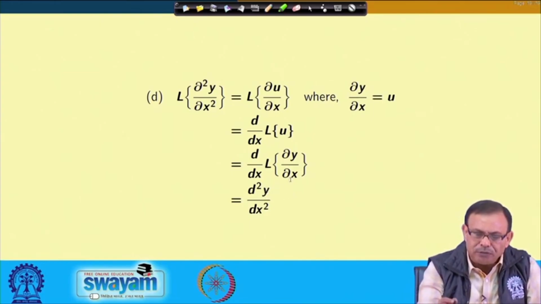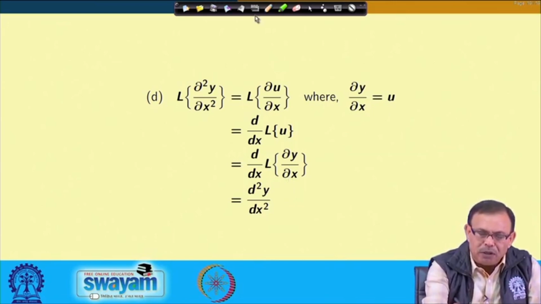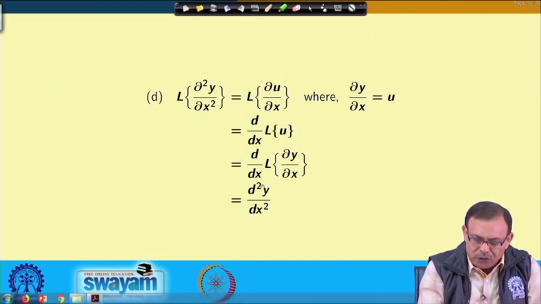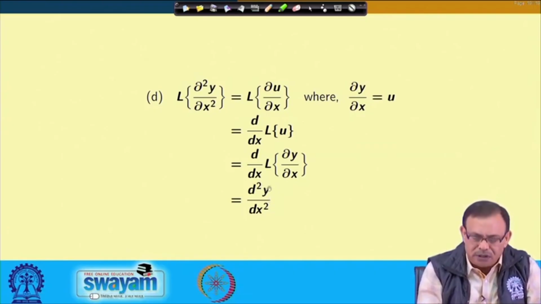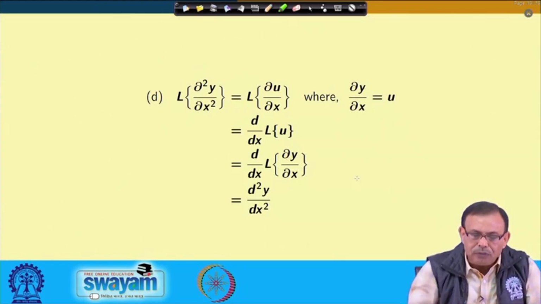Please note this and make changes: d2 y bar dx square will come over here. So this completes the proof of these four things.